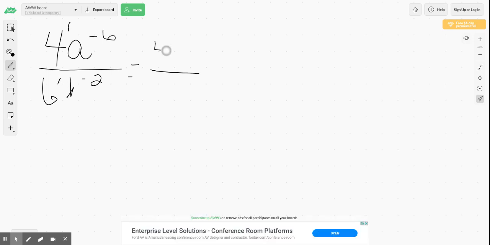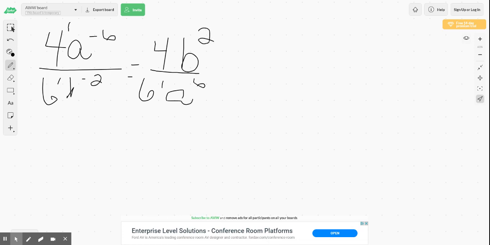So the 4 is fine where it's at. The 6 is fine where it's at. Let me look at this a. I can't have a negative exponent, so I'm going to put the a in the opposite position. So I'm going to put it in the denominator, and instead of a negative 6, it's going to turn into a positive 6. The b is in the denominator, so the opposite of it being in the denominator is going to be putting it in the numerator and changing that negative 2 to a positive 2.